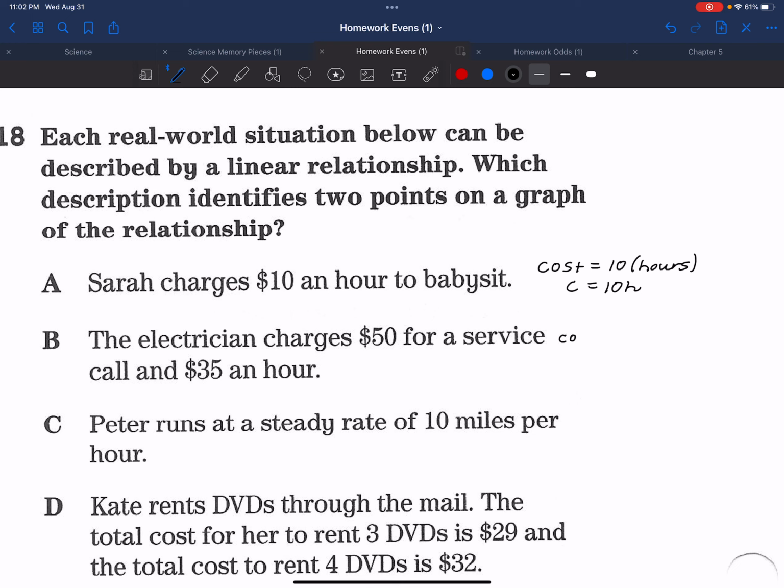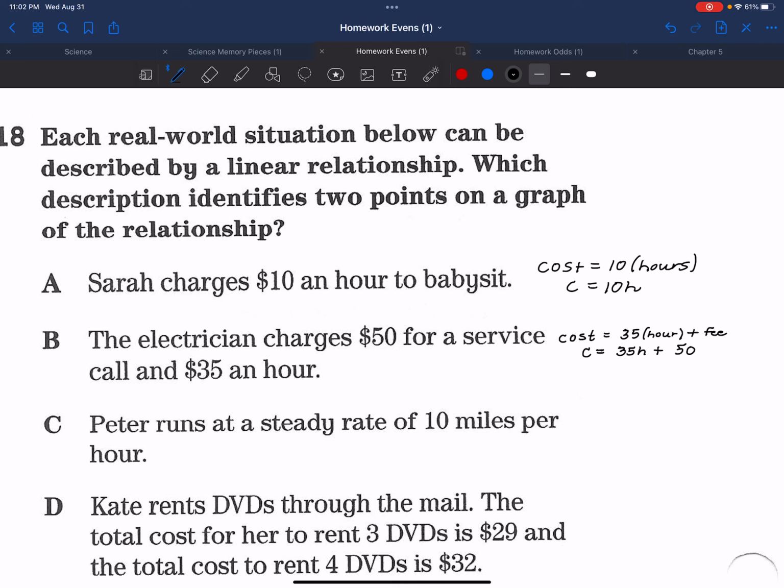An electrician charges $50 for service call and $35 an hour. So cost is $35 per hour plus the fee. So this would be cost equals 35H plus 50. That does not identify a point. It identifies a relationship.